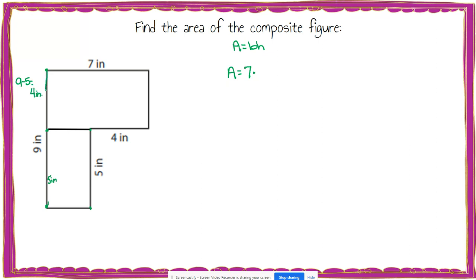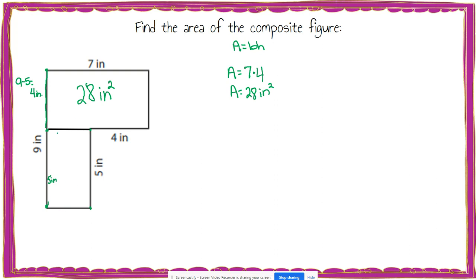So I know that the height of this rectangle is 4 inches. Now all I have to do is multiply 7 times 4 to get an area of 28 inches squared. So I know that this rectangle has an area of 28 square inches.